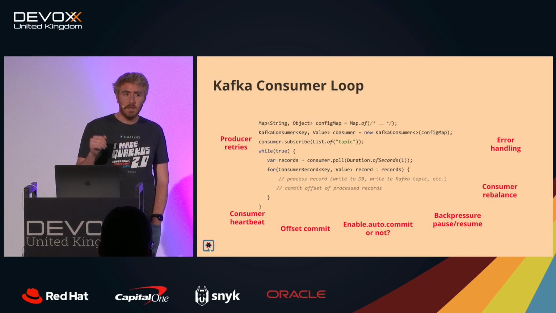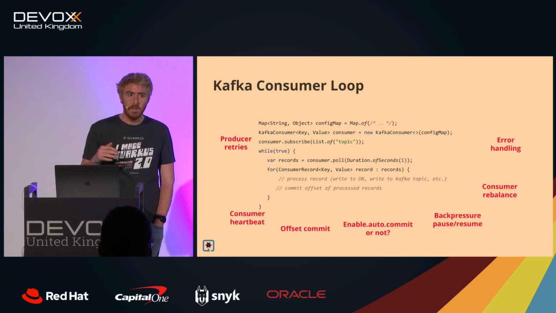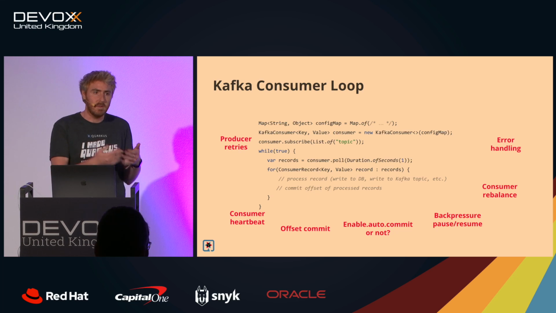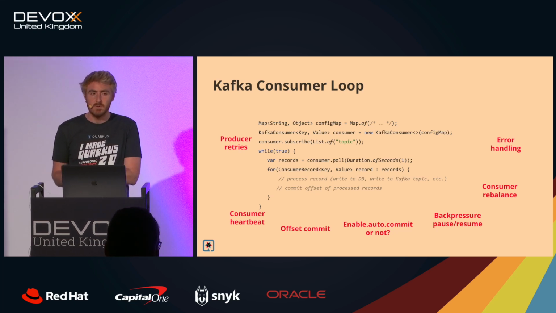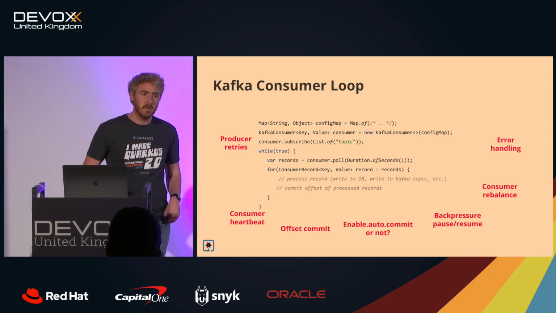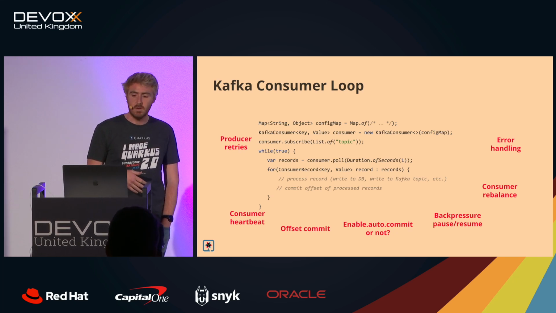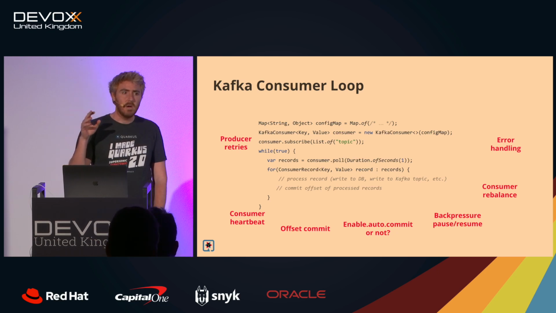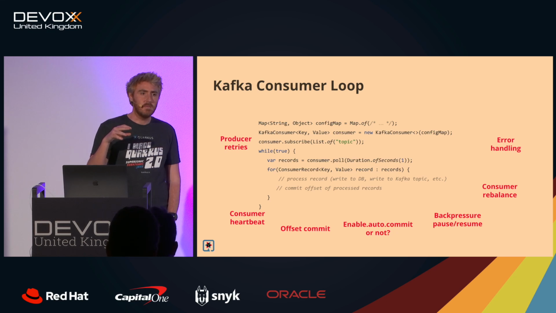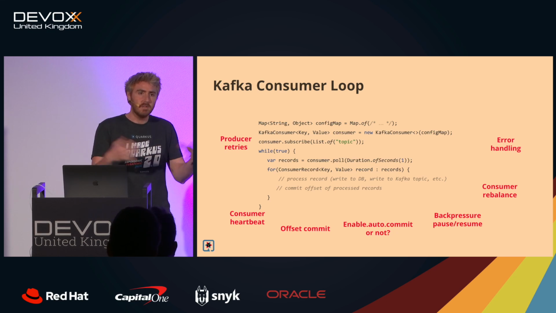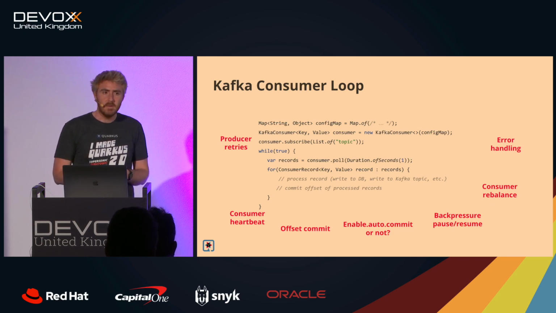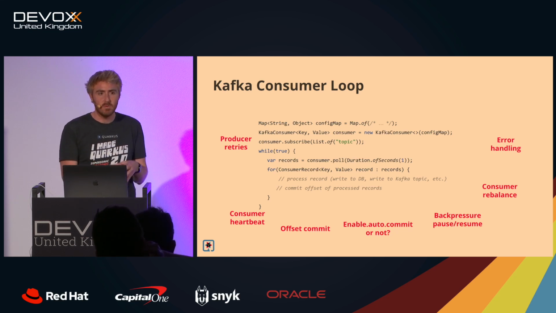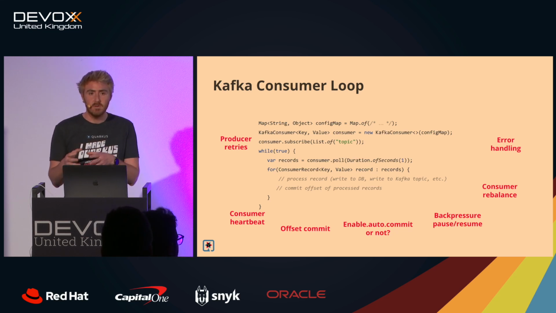How do you want to handle pausing the polling of the consumer? Because if you are processing some records and at the same time continue polling the consumer, that will accumulate lots of records in its queue. So that's another problem. Then there's the problem that if at some point another consumer arrives into the consumer group, there are rebalances that will happen, because consumers in the same consumer group are sharing different topic partitions.